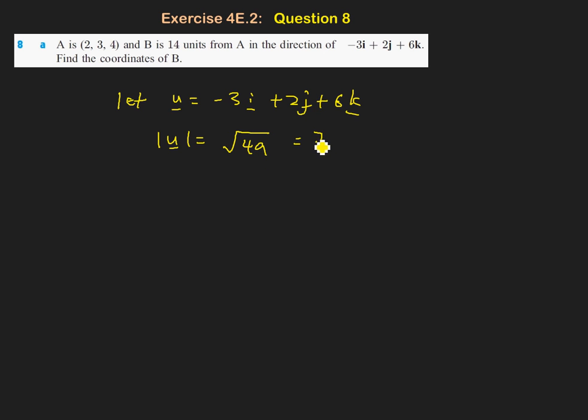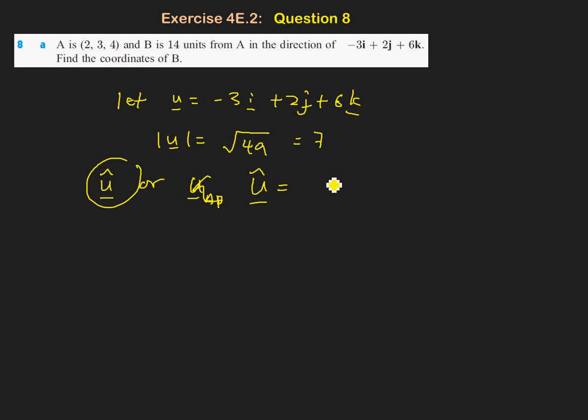And so the direction vector, or sometimes you can call it the unit vector, sometimes they write this AB. Never mind, we keep with this. I'll keep using this.